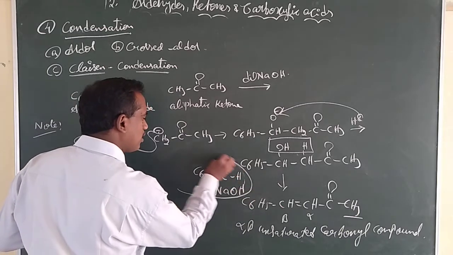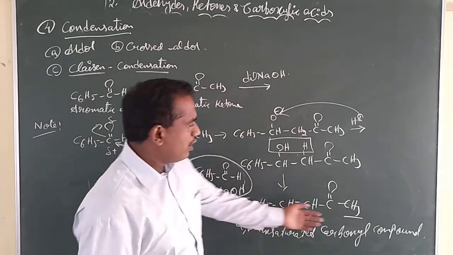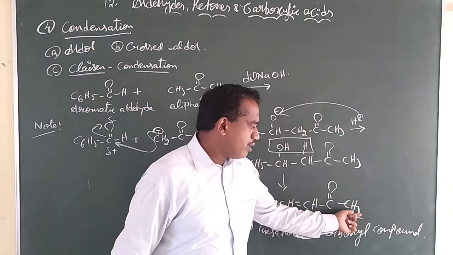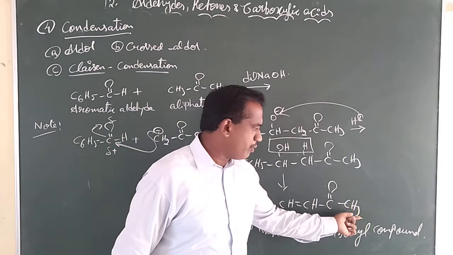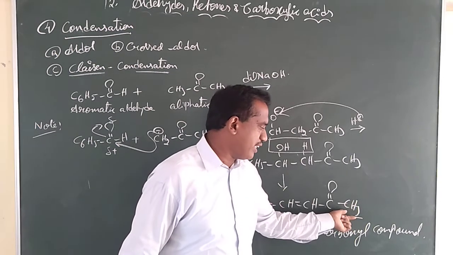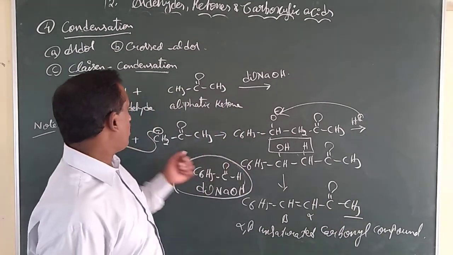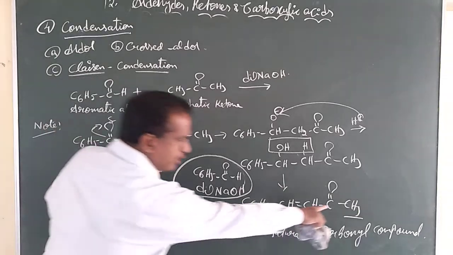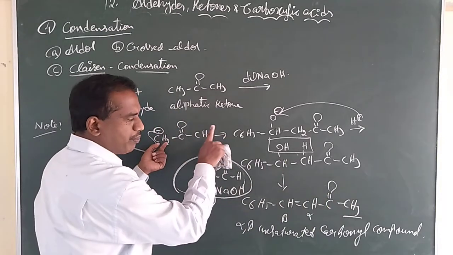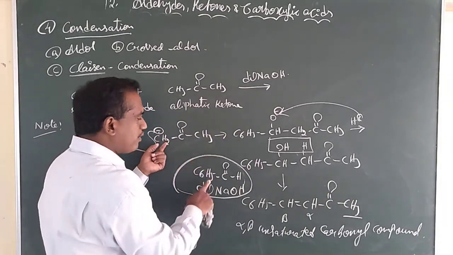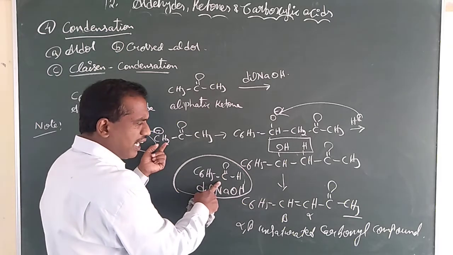Now imagine the alpha methyl group is there. If the hydrogen is removed in the presence of the base, it will form CH2 minus. Imagine the same shape here. It is going to react with this benzaldehyde.